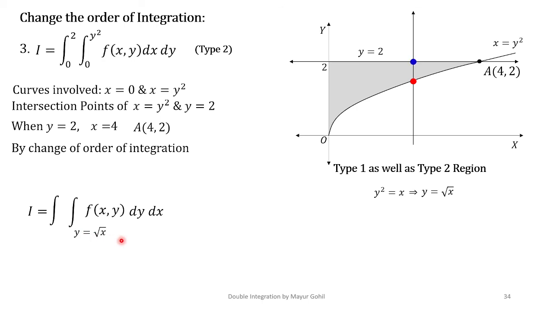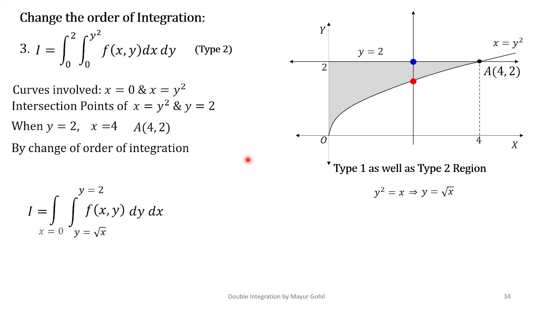The upper limit is going to be y equals to 2, because you can see the line is exiting at the curve y equals to 2 over here. Okay, and the projection is now on the x-axis for a type 1 region. So it's going to be from 0 to 4, remember here.